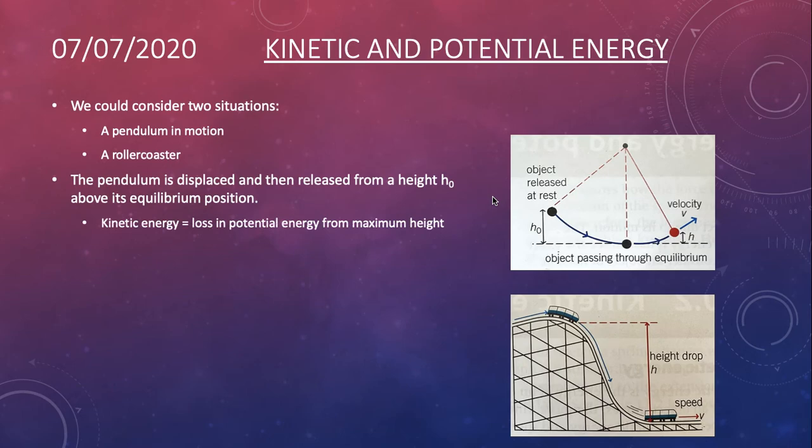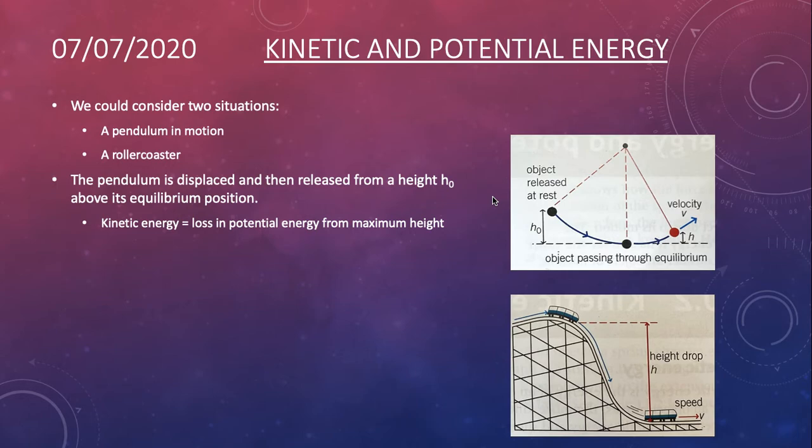Its kinetic energy at a certain point is going to be its loss in potential energy from maximum height. So if we look at the equilibrium position, for instance, that's where all of the potential energy it had up at the top, where it was released, is changed into kinetic energy. So up at the top, maximum potential, down at the bottom, maximum kinetic.